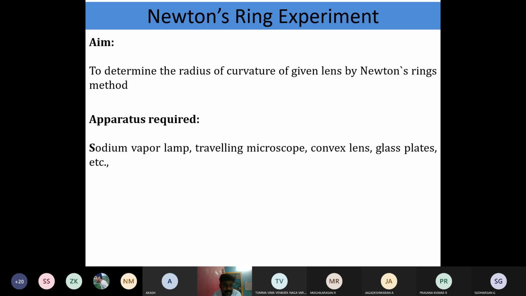What is this circular interference pattern? Interference pattern means superposition of two waves. We imagine that two waves are superimposed with each other. When the two waves are superimposed, as a result, an interference pattern is obtained.